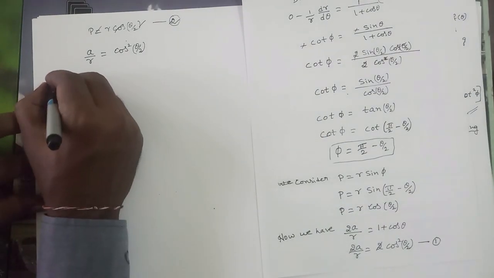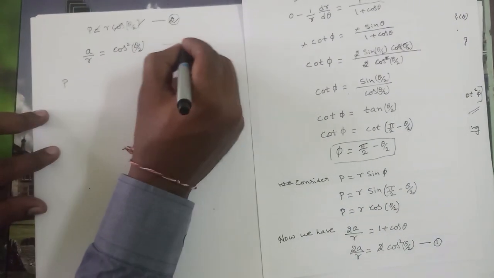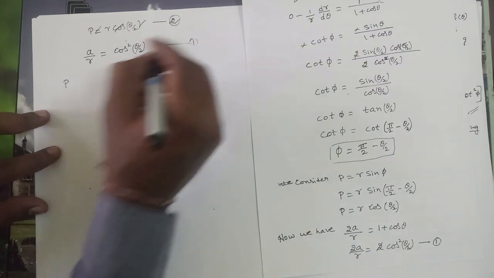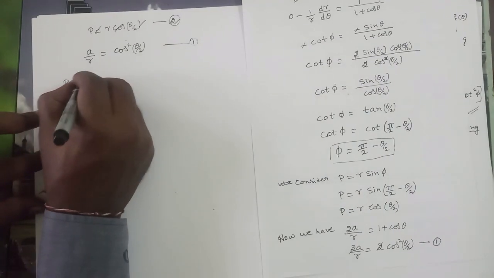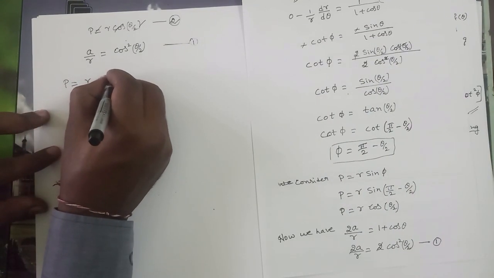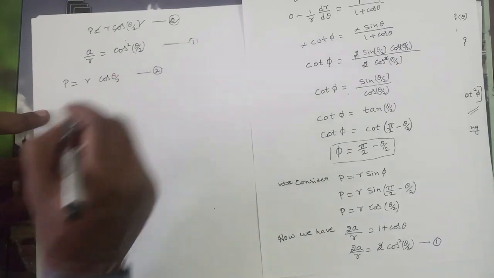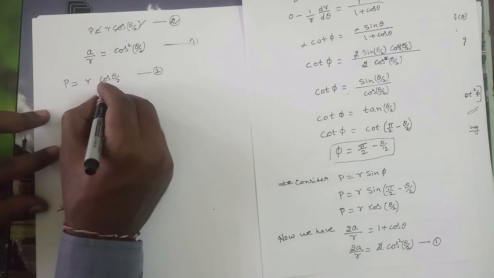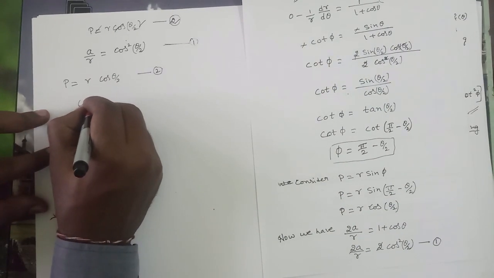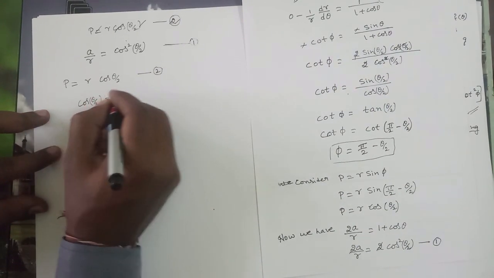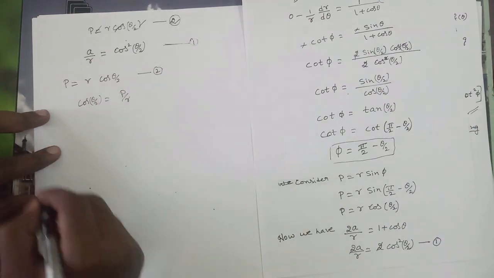I recorded this one as equation 1, and P is equal to R cos theta by 2, which I got as equation 2. So cos theta by 2 can be written as P by R.